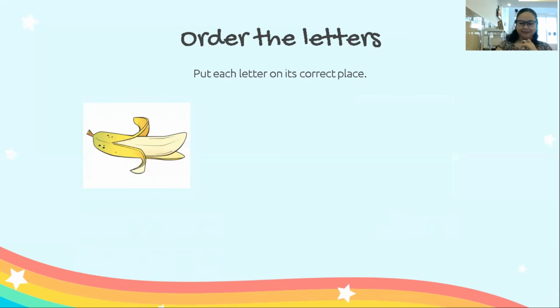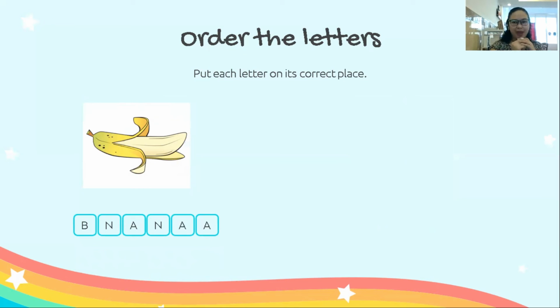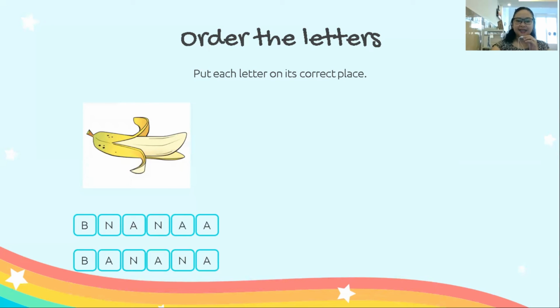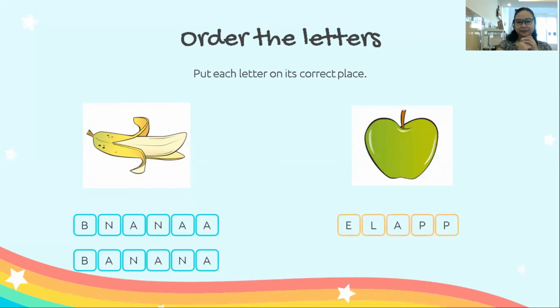Let's move to our next picture. What's this? This is a banana. How do you spell banana? Order the letters. Let's check your work. The correct spelling for banana is B-A-N-A-N-A. For our last word, what's this?